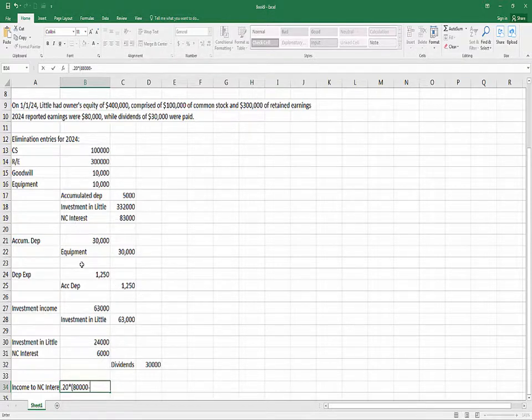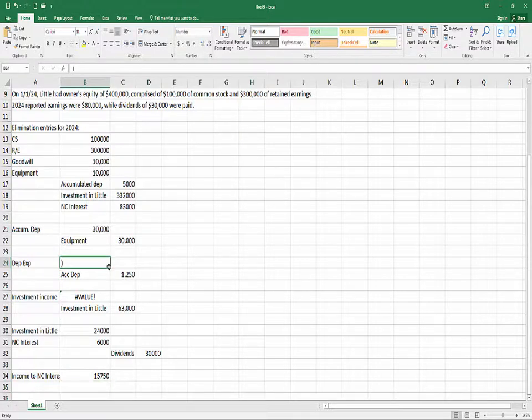And the only one of these elimination entries up here that affects the earnings from the subsidiary is this debit to depreciation expense of $12.50. So that reduces the income to the non-controlling interest.